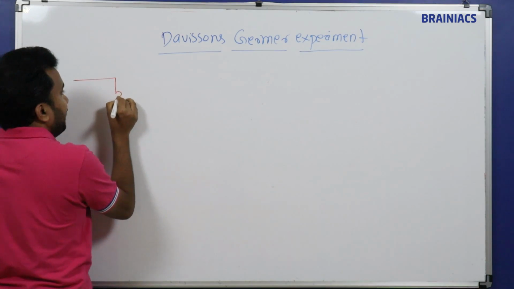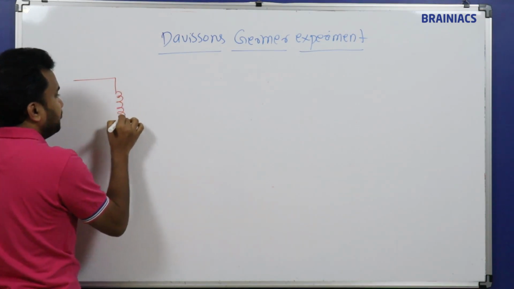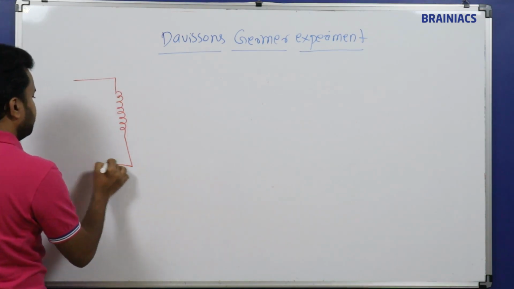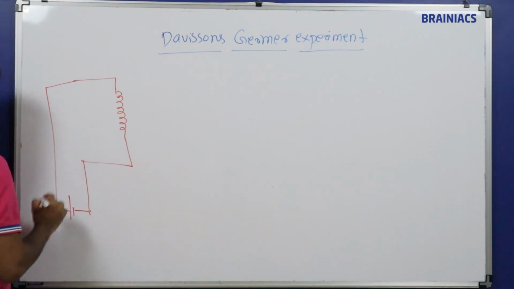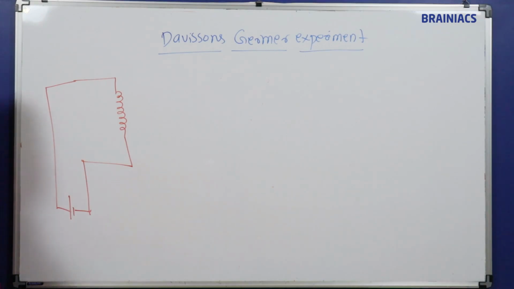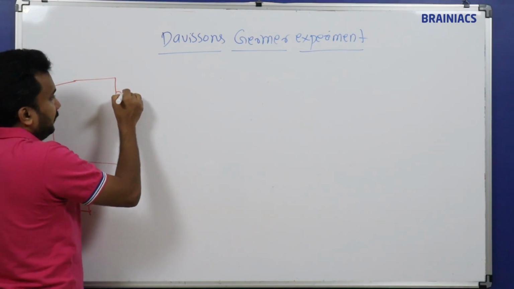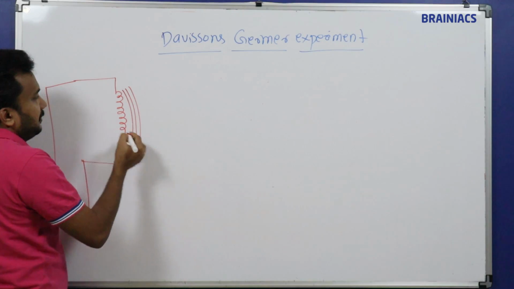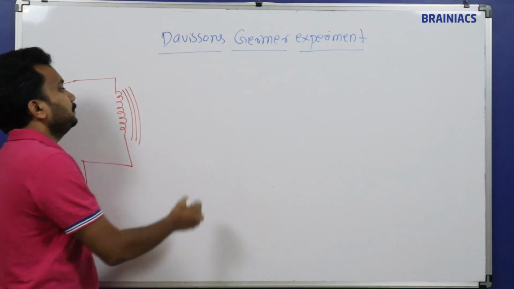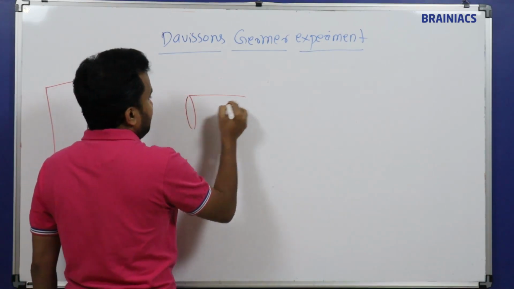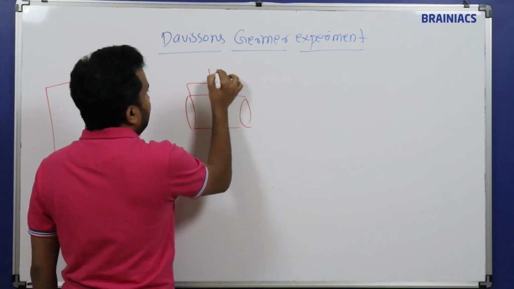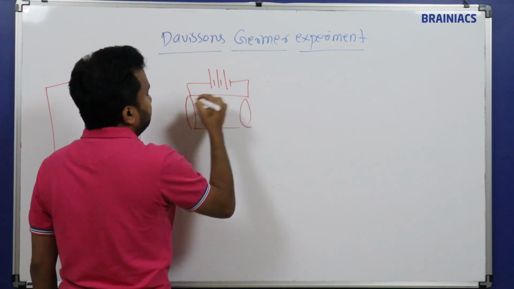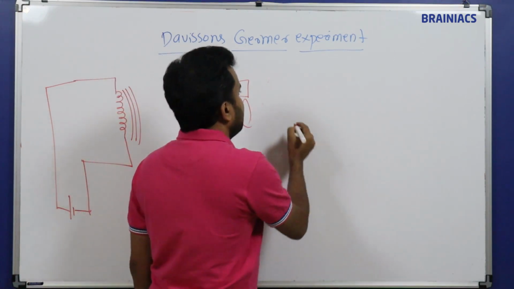We are explaining the diagram, and we have a tungsten filament, and this is connected to a battery. Okay, and there is some coating. This is a barium oxide coating, and we have a cylindrical metallic cylinder, and this is connected with an HT. I'll tell you what all these things are.